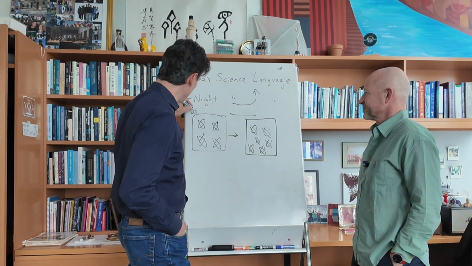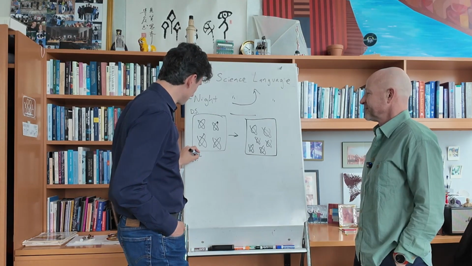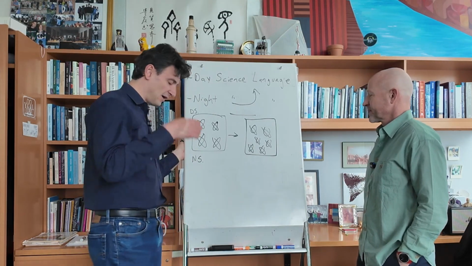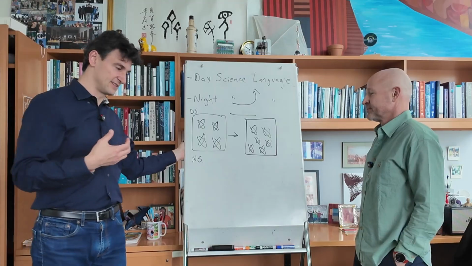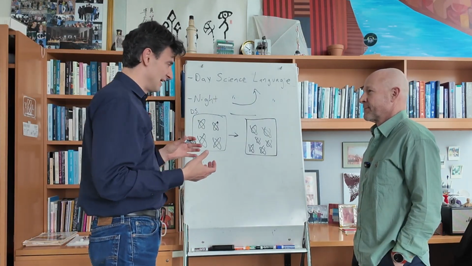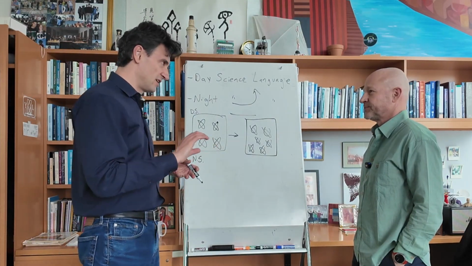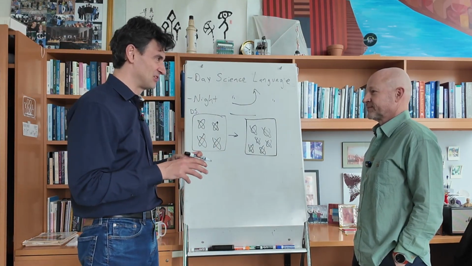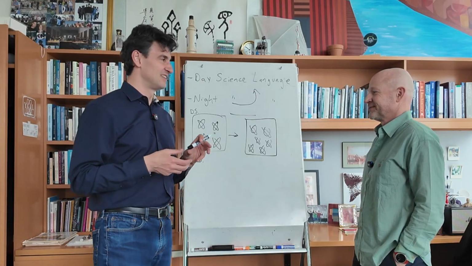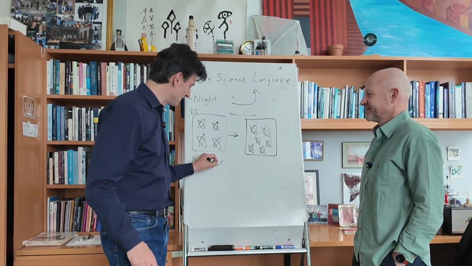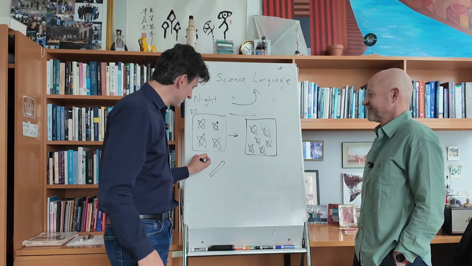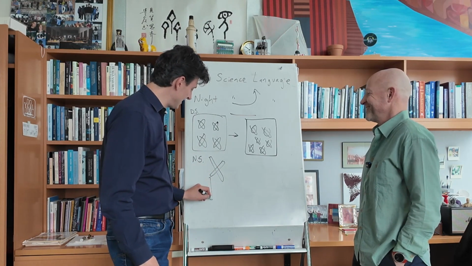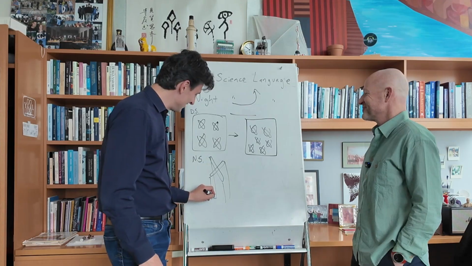Now let's try night science. Now, the night science is that AP1 is the puppet master, right? You know how puppets can have... it's funny how you draw that.